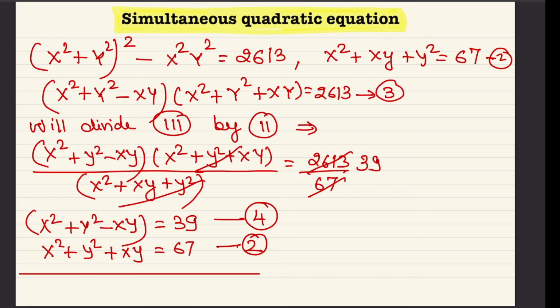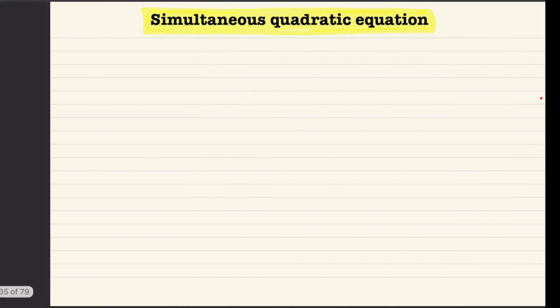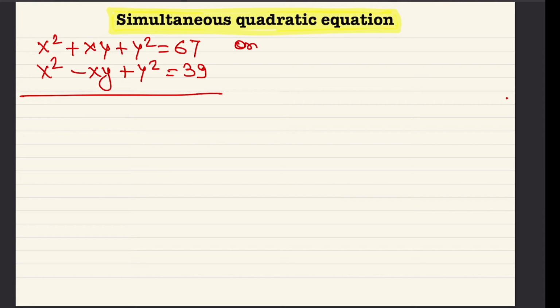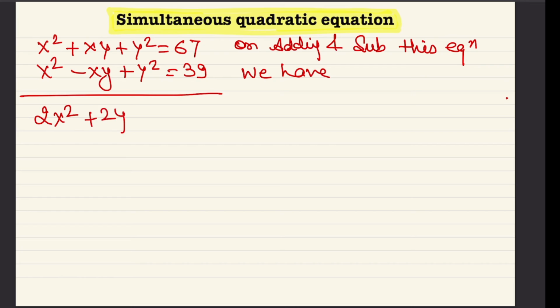Now by adding and subtracting these two equations, x square plus xy plus y square equal to 67 and x square minus xy plus y square equal to 39, on adding we have 2x square plus 2y square equal to 106, which gives you x square plus y square equal to 53.